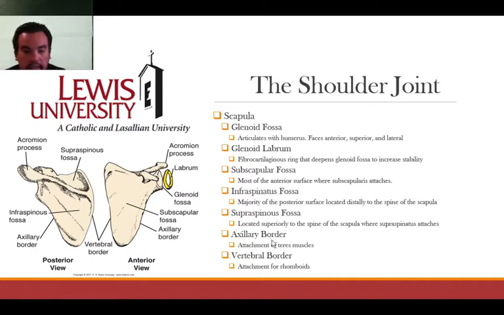You have the axillary border, and that is the side of the scapula that's right up near your armpit, so the lateral aspect. And then you have the vertebral border, which is the medial aspect of that scapula. Vertebral means it's closest to the spine, and it's the border of that scapula.